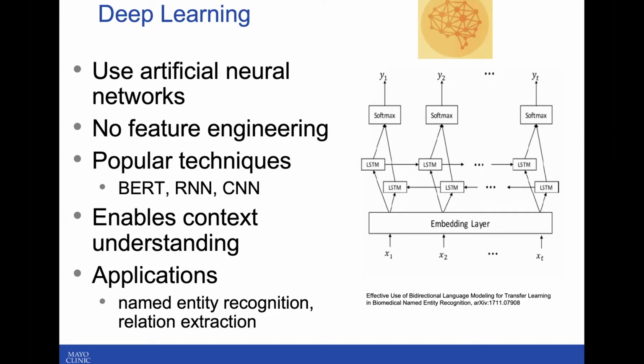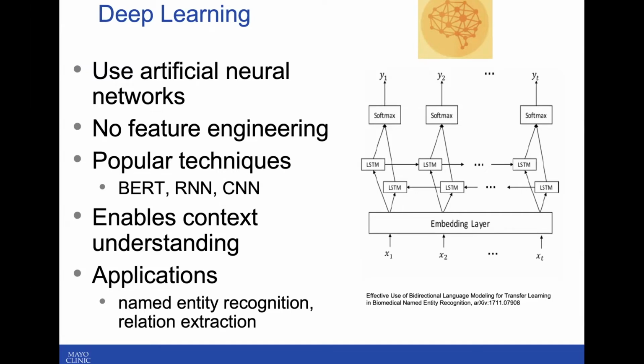There are popular techniques like BERT, which is good for contextual understanding. Traditional machine learning is not good at understanding contextual meanings, but with this language model, we can do that.